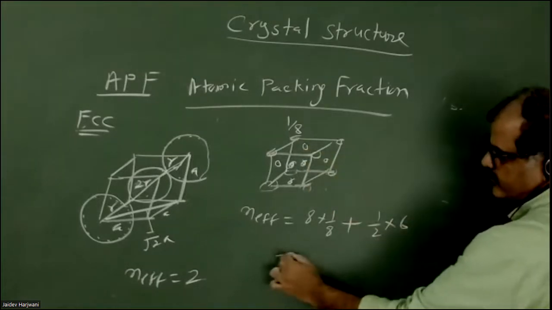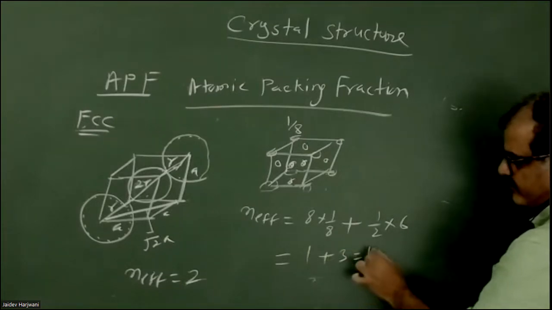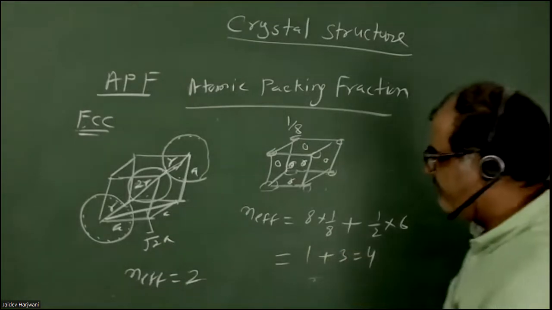Total become 1 + 3. We have 4, and effective is 4 in the case of your FCC lattice.